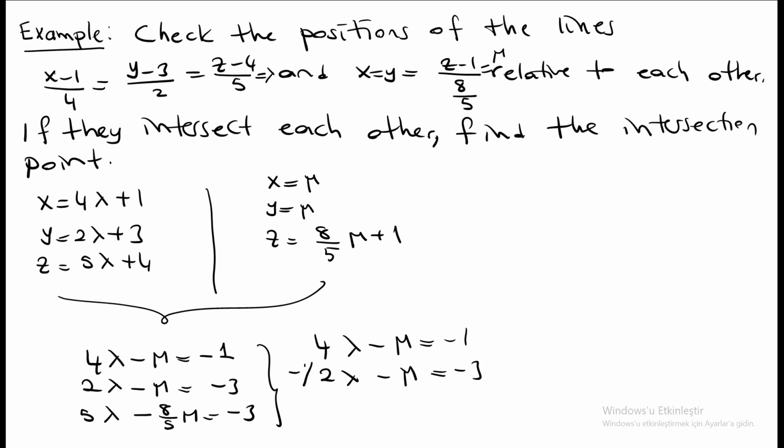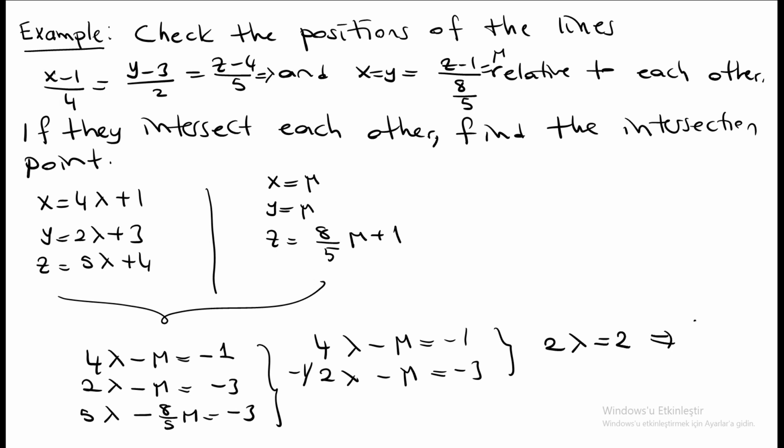So multiply this one by −1. So you have 2 times lambda equals 2.